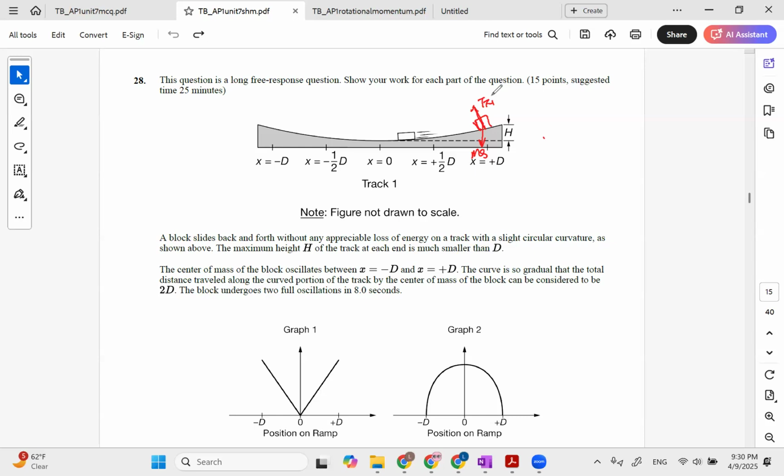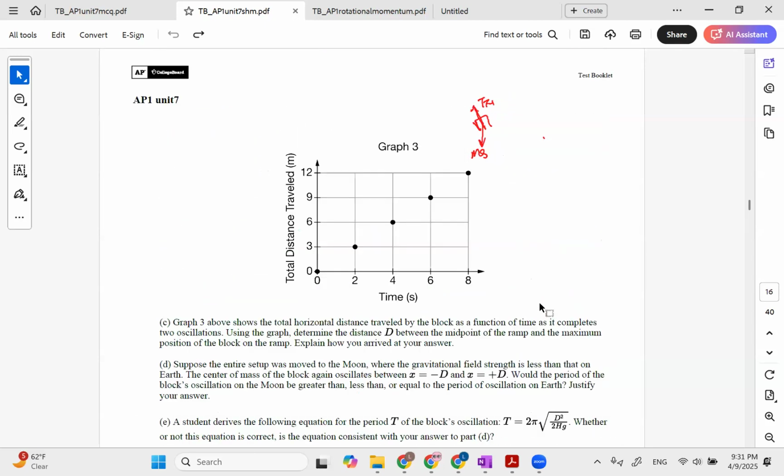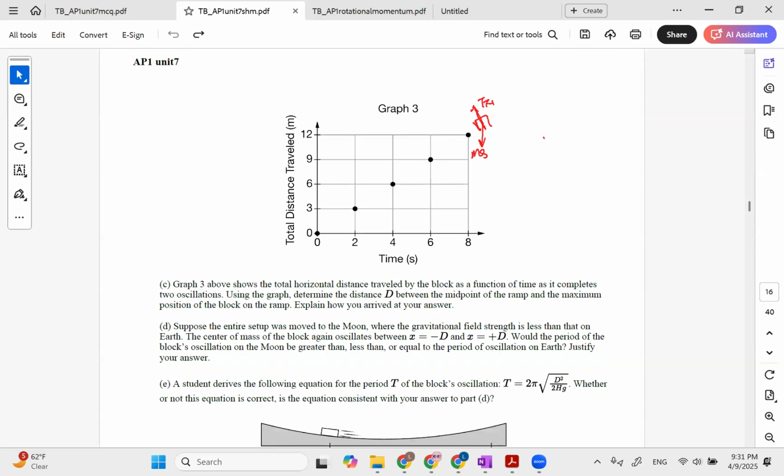So in this situation, when you move to the moon, will it change the period? What do you think? The period will be greater or less?